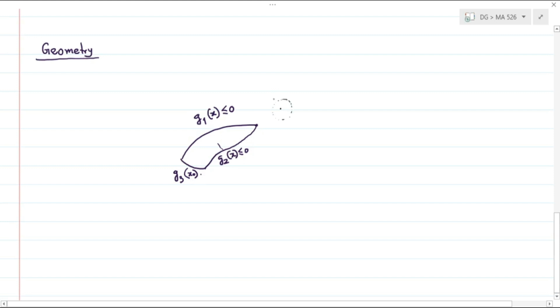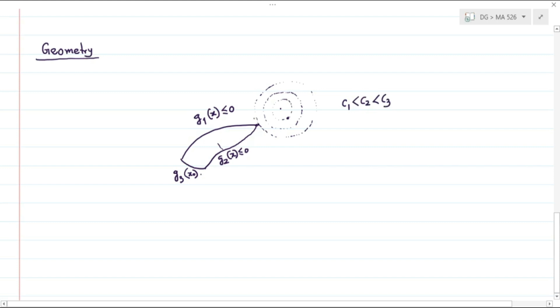This is level c1, this is level c2, this is level c3, and at this point you have a local minimizer because at this surface you have c1 value, at this surface you have c2 value, at the bigger surface you have c3 value, and c1 is less than c2 is less than c3.